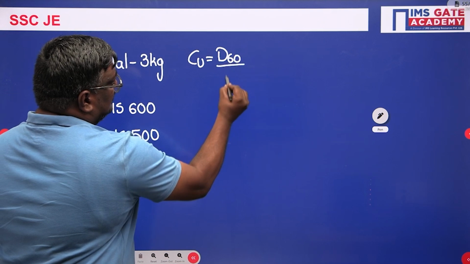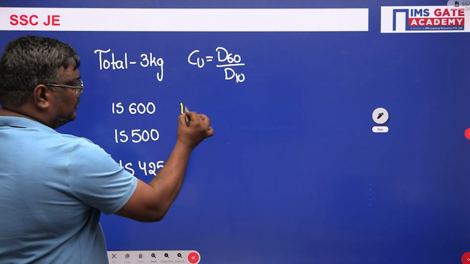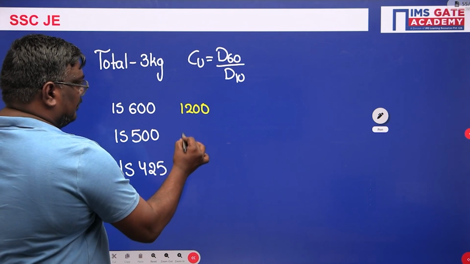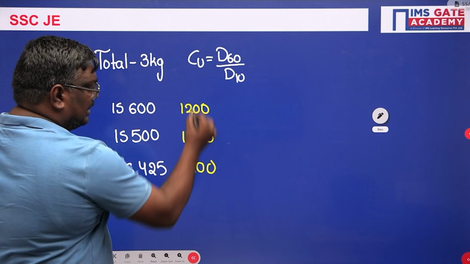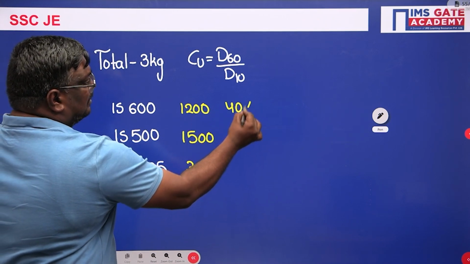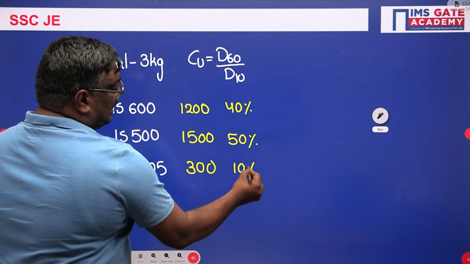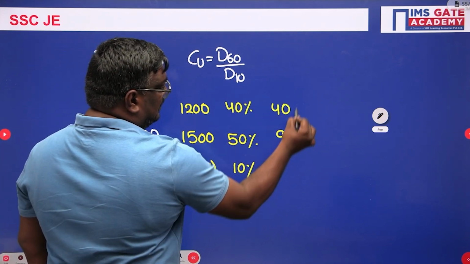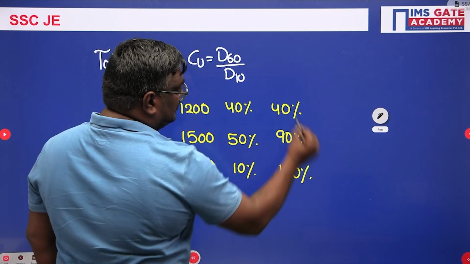First of all, they have given you weight retained. The weight retained on 600 is 1200 gram, here it is 1500 gram, and here it is 300 gram. If you see here, this is 40 percent, this is 50 percent, and this is 10 percent. If you do the cumulative, this is 40, this is 90 and this is 100 percent.